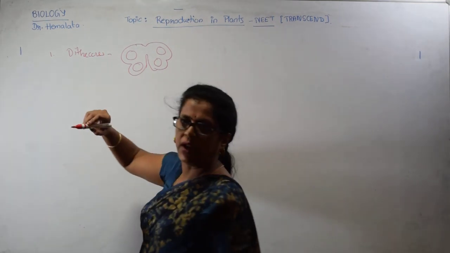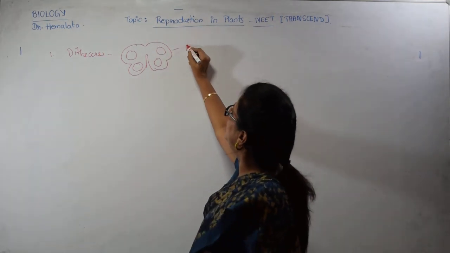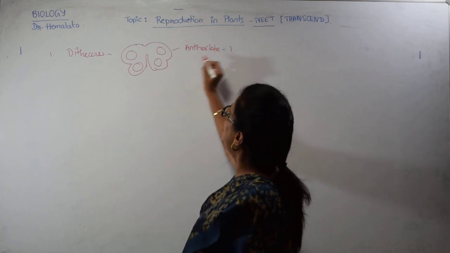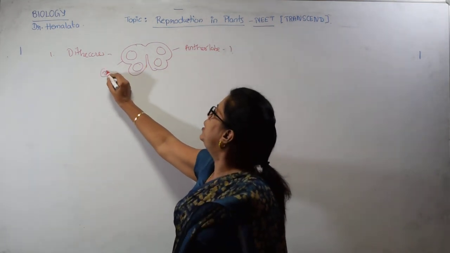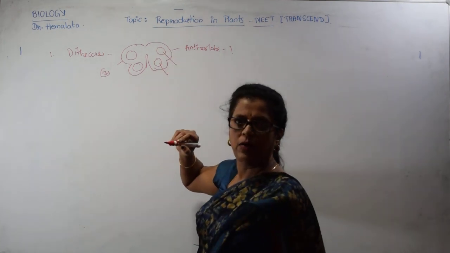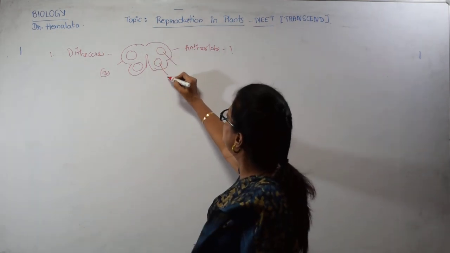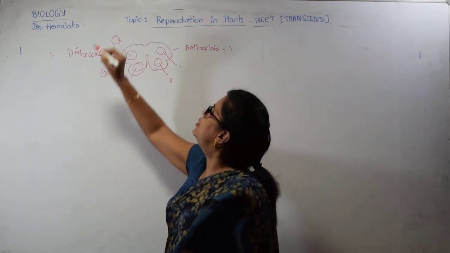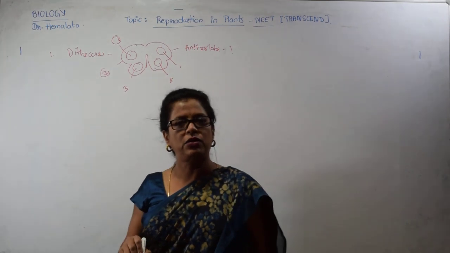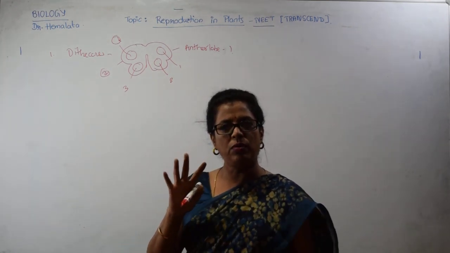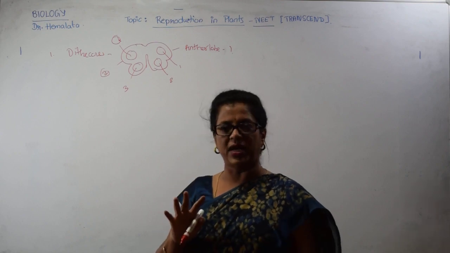These are the microsporangia. This is anther lobe 1, and this is anther lobe 2, and each anther lobe has 2 microsporangia or pollen sacs. So this is 1, 2, 3, 4. Totally these are the microsporangia. Therefore, a dithecous anther will have 4 microsporangia or pollen sacs.